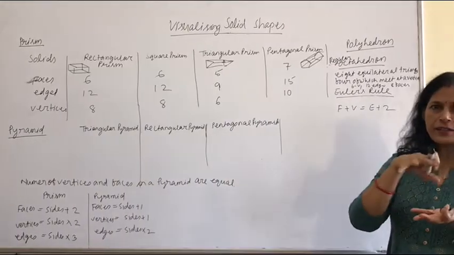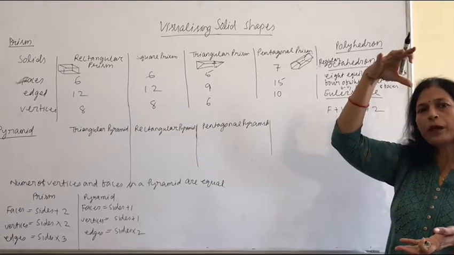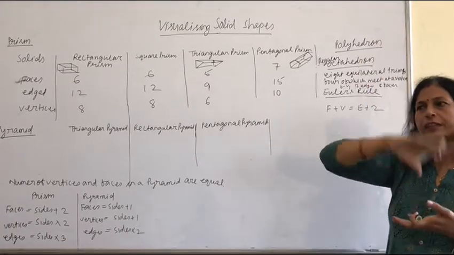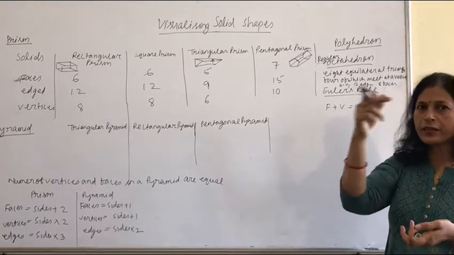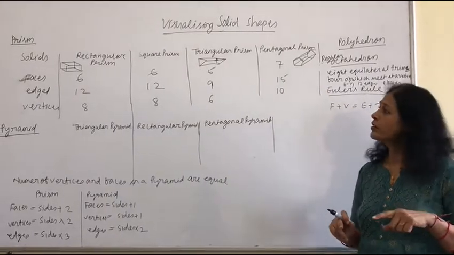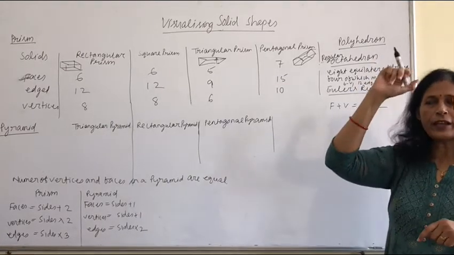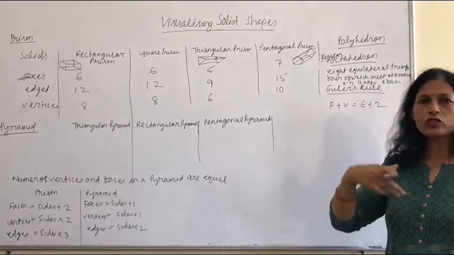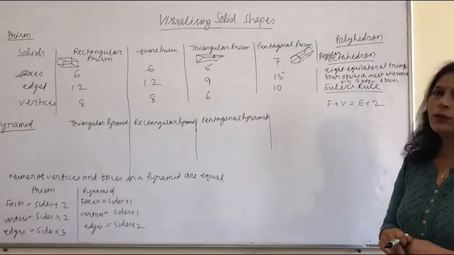Base has 5 vertices, top also 5. So 10 vertices, then 7 faces, and 15 edges. That means bottom 5, top 5, then the joining lines on the sides 5. So 15. This is all about your prism.